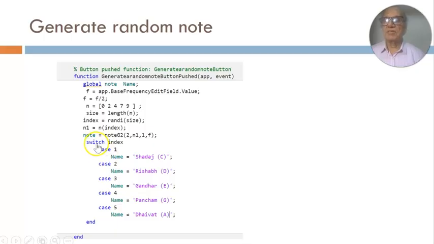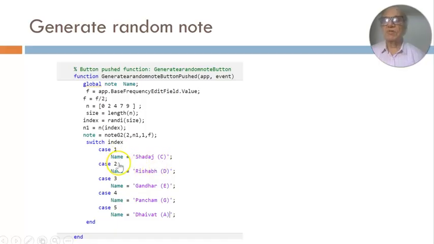So we use the switch function. This switch function is available in many programming languages, so most of you who are accustomed to programming will understand this. Let me explain it in any case. Switch index: case 1, so if index is equal to 1, it will store Shadaj in name, as well as C, which is the Western name.